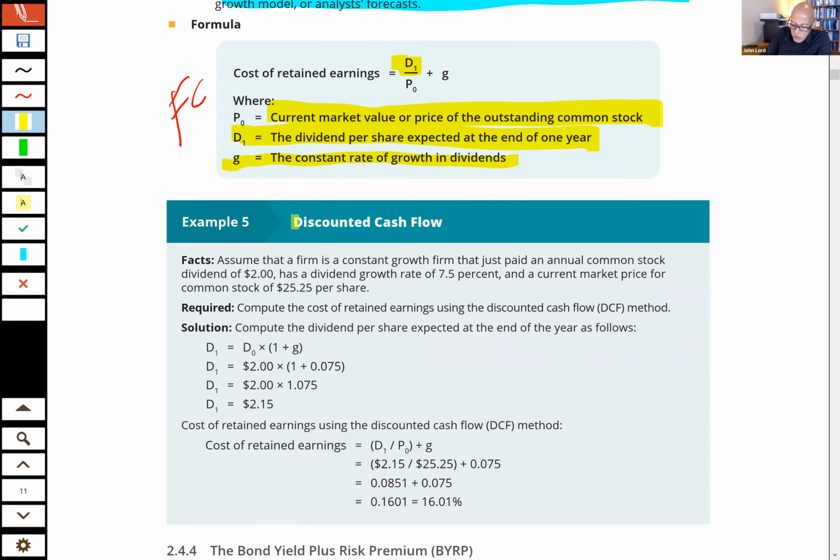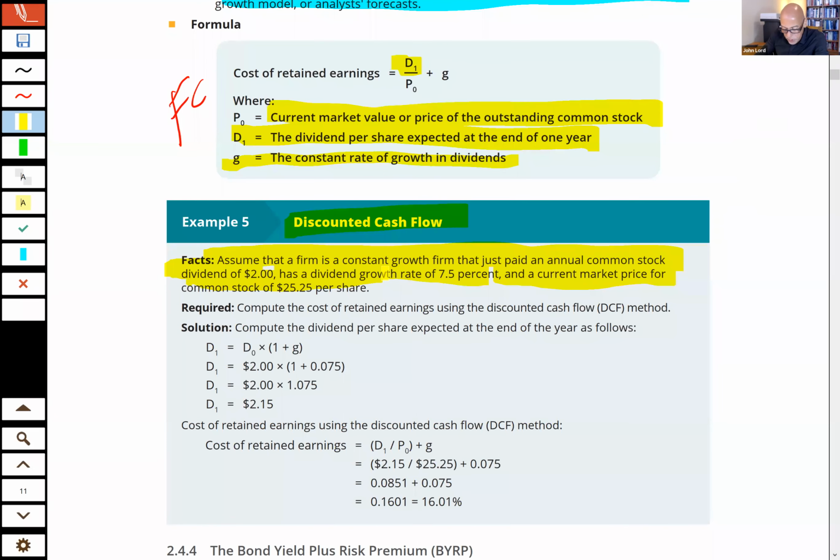Okay, so let's take a look and assume that a firm is a constant growth firm that just paid an annual common stock dividend of $2, has a dividend growth rate of 7.5%, and a current price for common stock of $25.25.